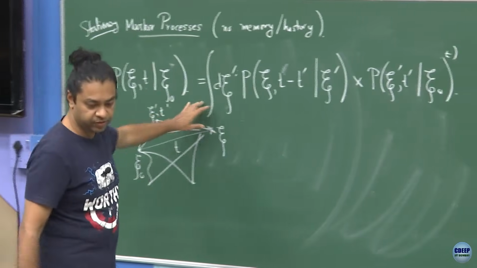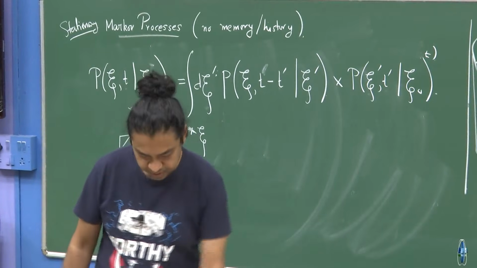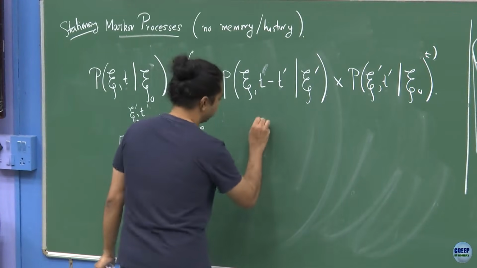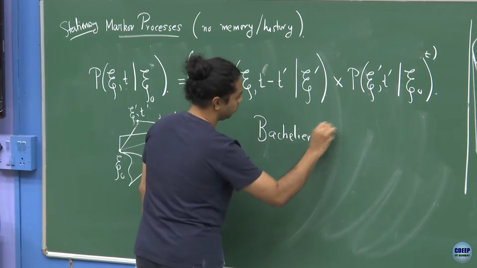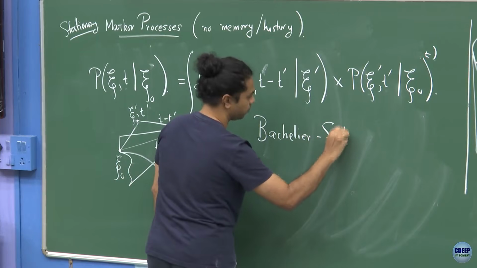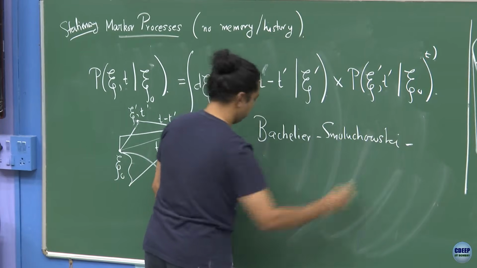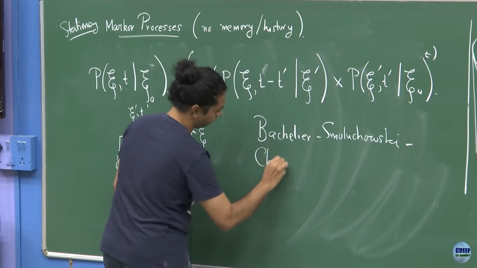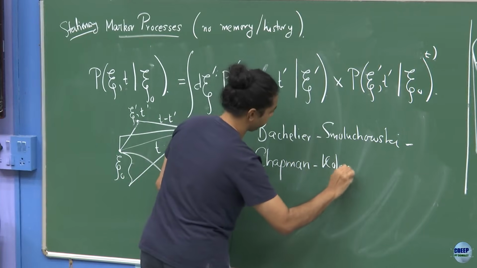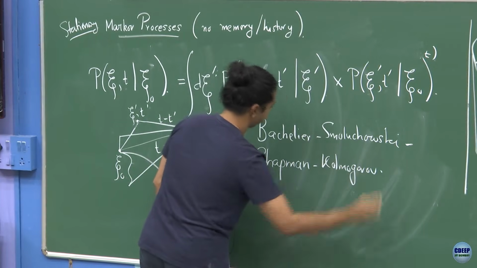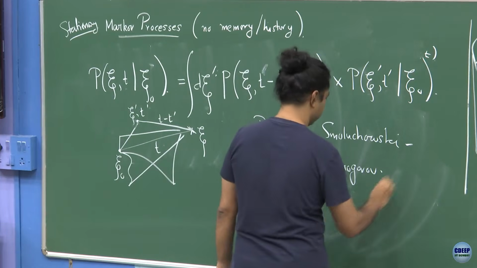So, this, by the way, is the full name, a full list of people who came up with this formalism: the Bachelier, Smoluchowski, Chapman, Kolmogorov equation.